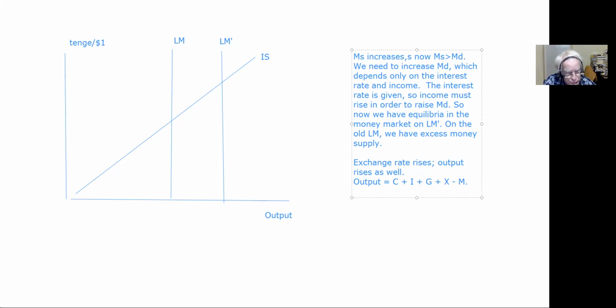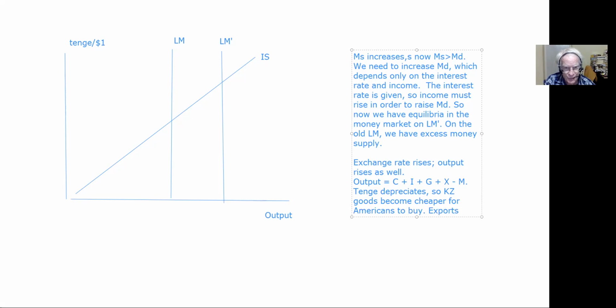Now the tenge depreciates since a dollar can buy more tenge than it had before. So our goods become cheaper for Americans in foreign dollars to buy.